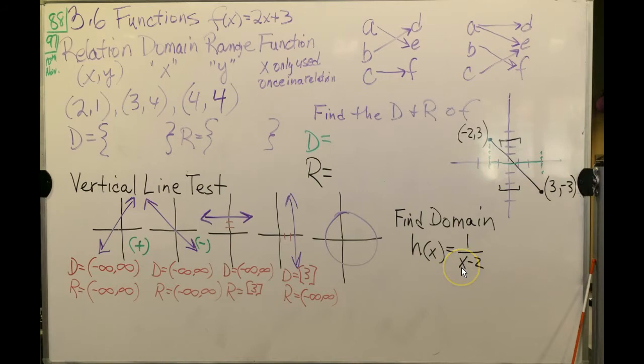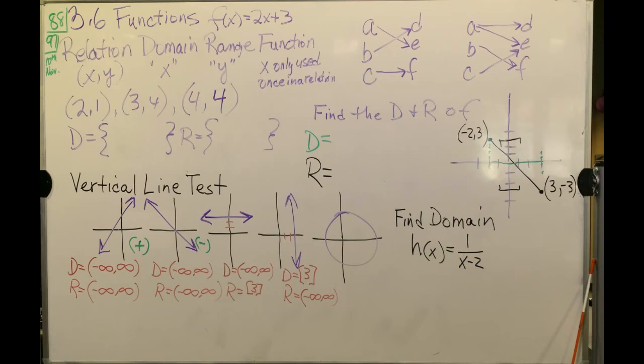So if x were 2, this would make this denominator a 0. So therefore, we exclude 2 from being a member of the domain. So the domain of this function is all real numbers, but x cannot be 2.